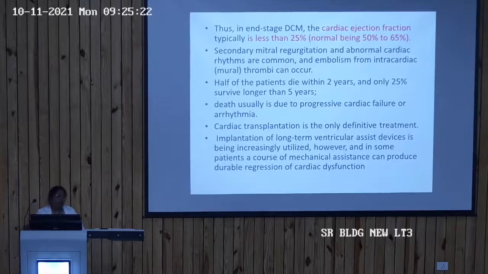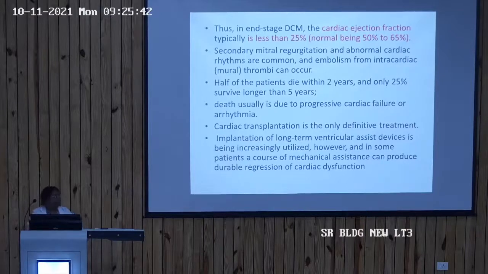Because as the heart dilates, as I showed you in the diagram, the distance between the myocytes increases. So the ionic coupling that occurs from one cell to another is disturbed. The ions cannot travel from one cell to another, causing arrhythmias.